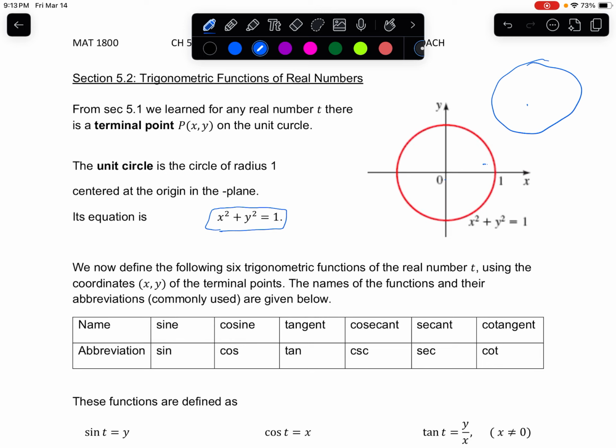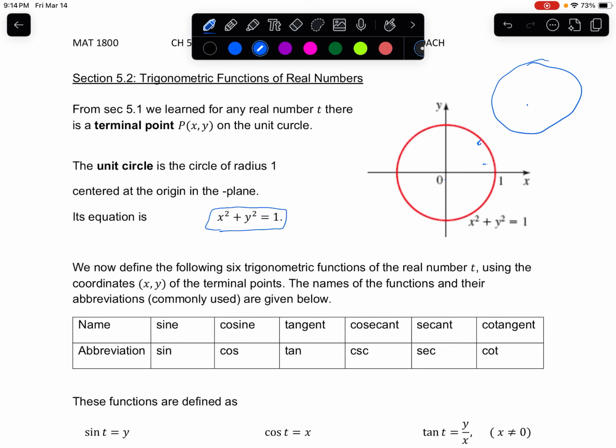Now we will define the trigonometric functions in terms of the terminal point related to the real number t. The terminal point could be anywhere on the unit circle.